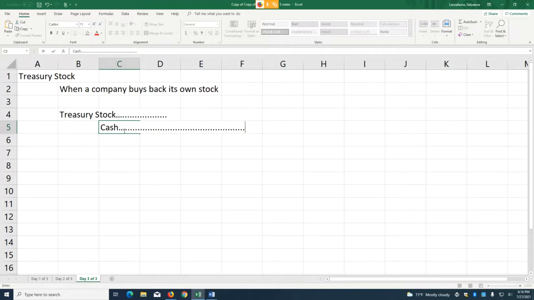So instead of debiting common stock, which is really what it is, they're giving it a special name. They're calling it treasury stock. So they're just renaming the common that they're removing off the market and putting it in a different folder, like in a filing cabinet. So we're going to call all the stuff that we bought off the market ourselves treasury stock.